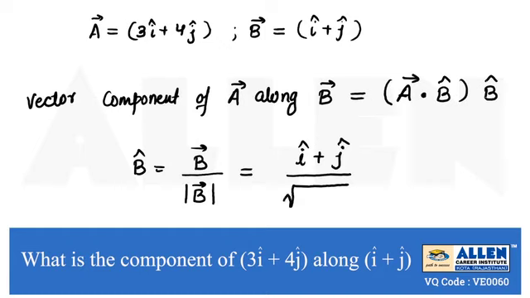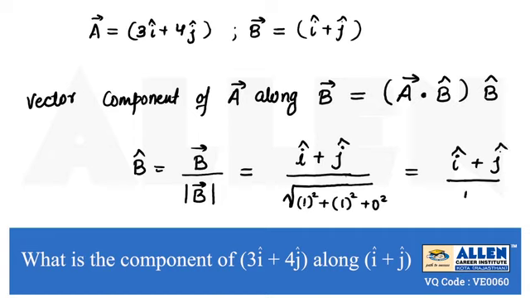The magnitude of a vector can be calculated as the square root of the sum of the squares of all the coefficients. The coefficient is 1 for i cap, 1 for j cap and 0 for k cap. Therefore we will get i cap plus j cap divided by root 2. This represents b cap.